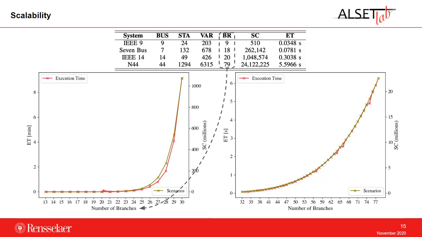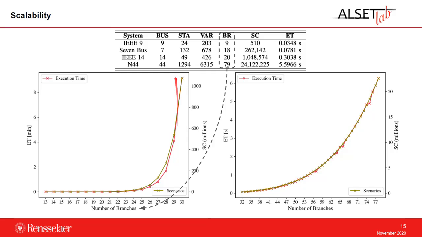So here we see that as the number of branches grows, the execution time starts increasing exponentially around here, around 27, 28 branches. So we jump from less than 1 minute to 8 minutes.